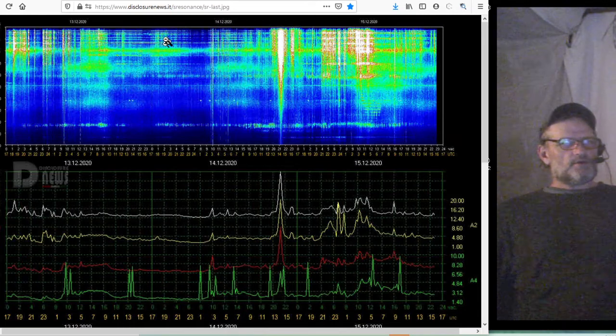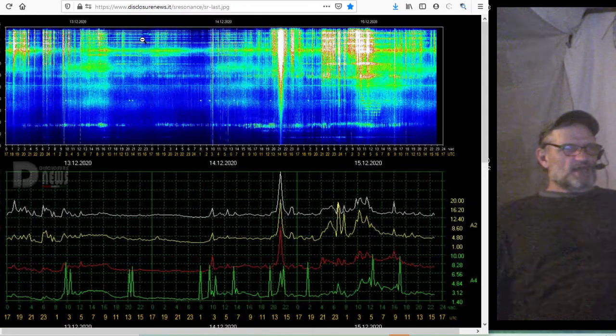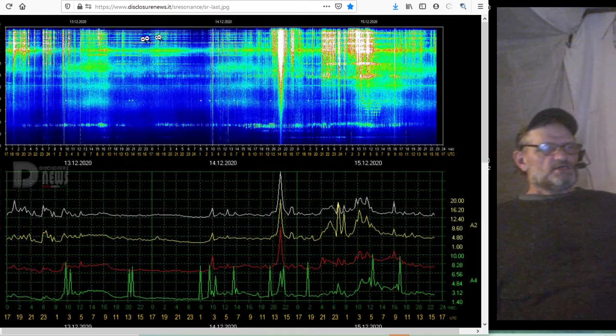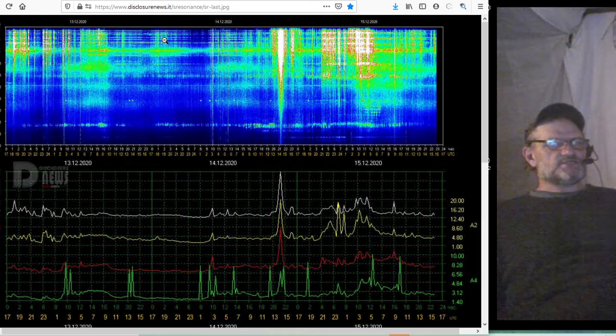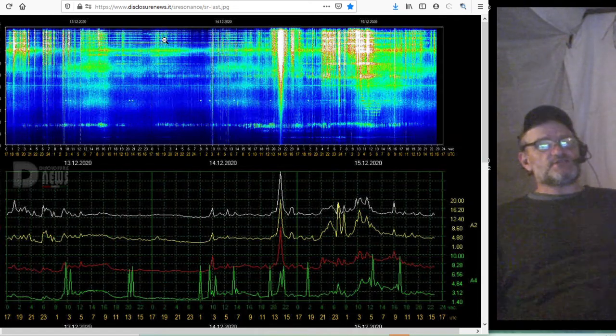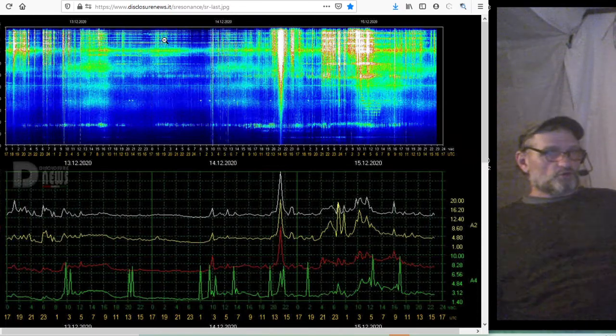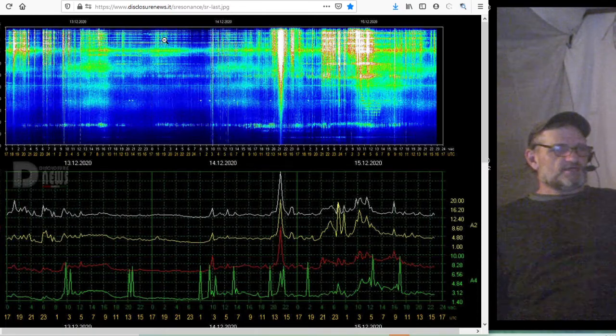But this is what I'm going to call local interference, because you don't find these on all of the maps of the Schumann resonances. So one of the things that we're talking about is knowing the difference between local interference and what happens with the rest of the world relative to the Schumann resonances.